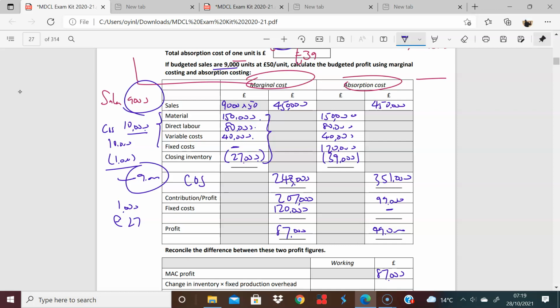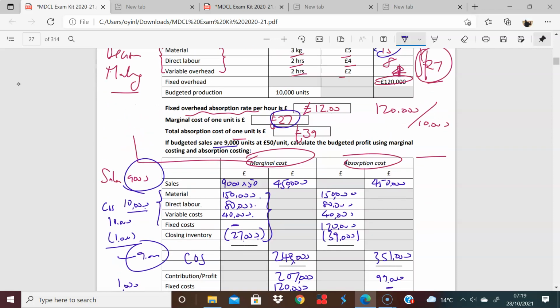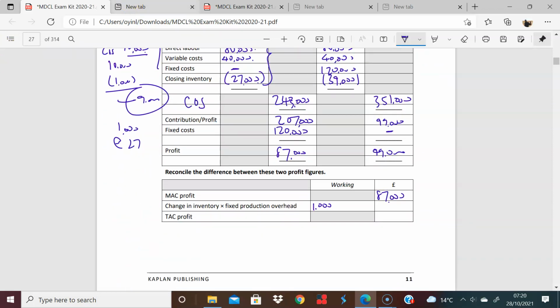So you have costs that are not showing in absorption costing because they're absorbed into the product. But all those costs are laid bare here in marginal costing, all of the 120,000, right? Remember, what you have here is 1,000 units of inventory, and you have your fixed overhead absorption of £12, right?